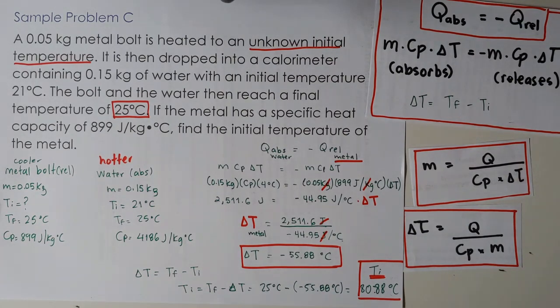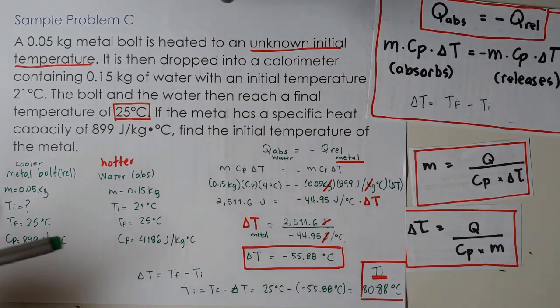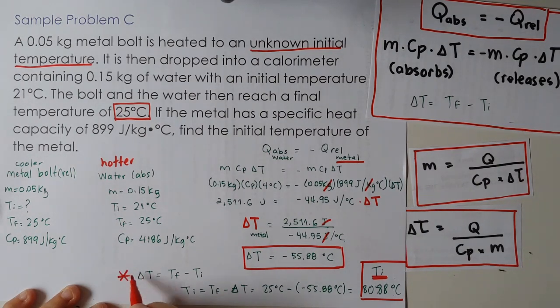Okay guys, this answer that I have here, the change in temperature, it makes sense, right? We said it makes sense, but that is not the requested question. It says what is the initial temperature of the metal. So we're gonna take our definition of change in temperature, final minus initial.